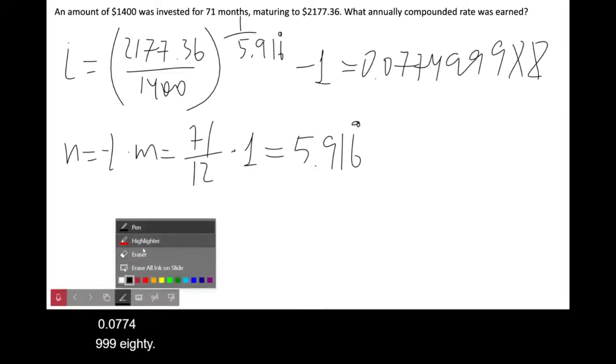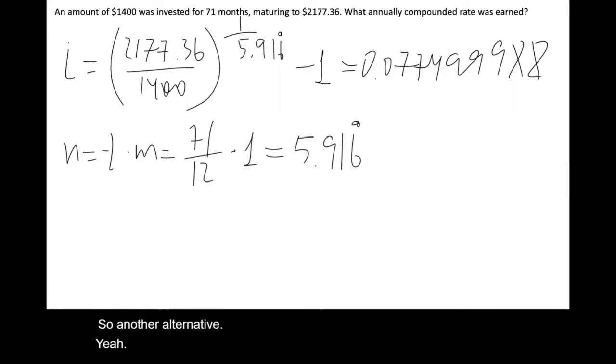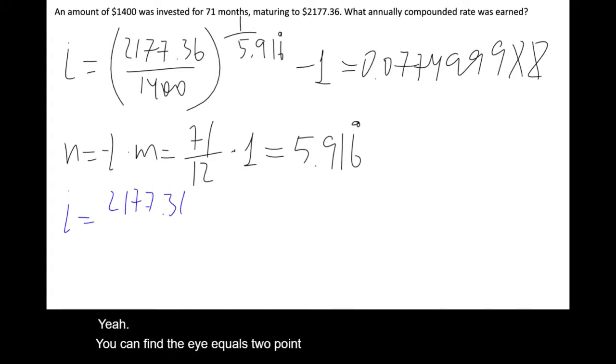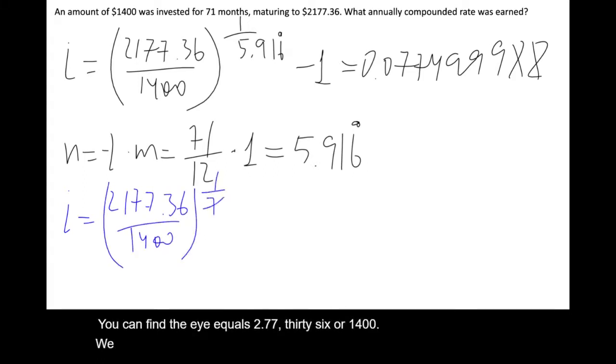So another alternative here, we can find i equals 2177.36 over 1400, raised to 1 over 71, minus 1.